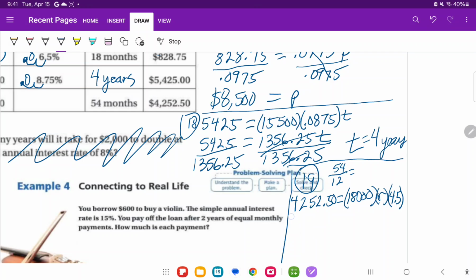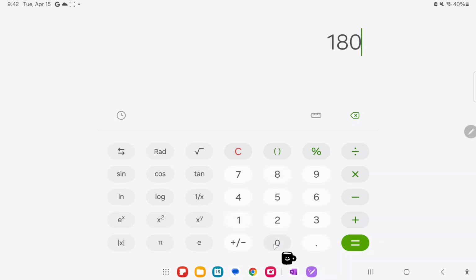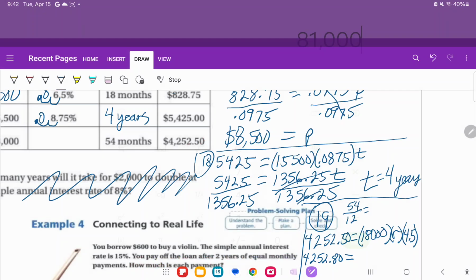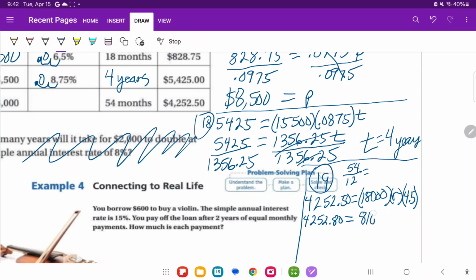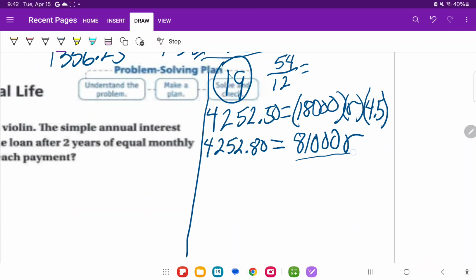Let's bring this down. 4252.80, and then we multiply together the 18,000 and the 4.5. 18,000 times 4.5 is 81,000 R. To get R by itself, we divide by the 81,000.